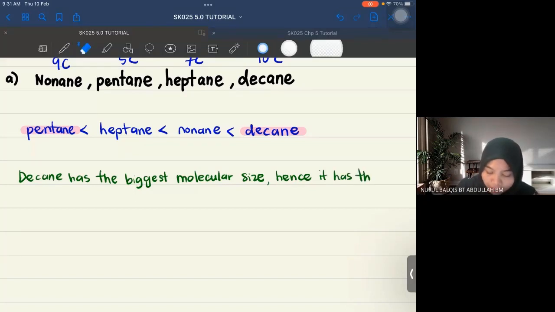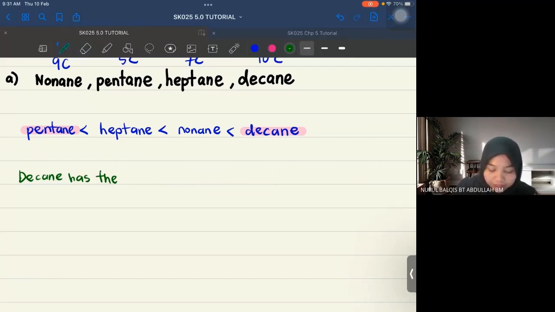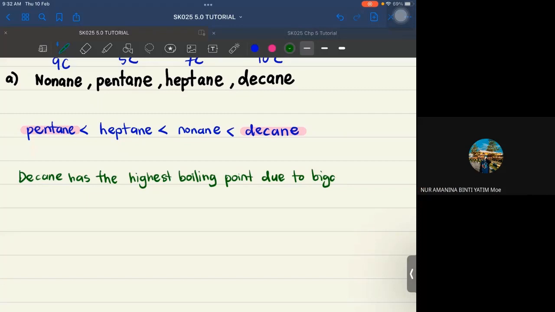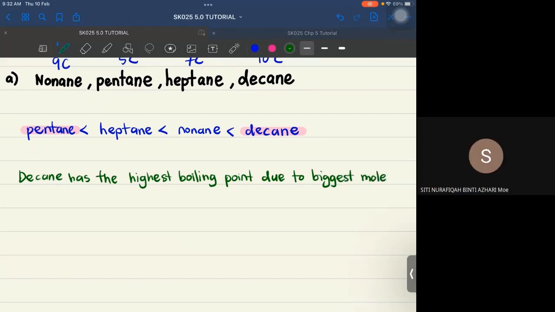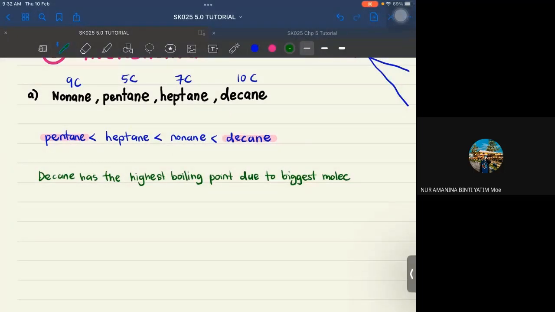Instead of cakap biggest molecular size ni, bagi tahu dulu highest boiling point tu. Baru kita cakap due to, okay? Decane has the highest boiling point due to biggest molecular size.